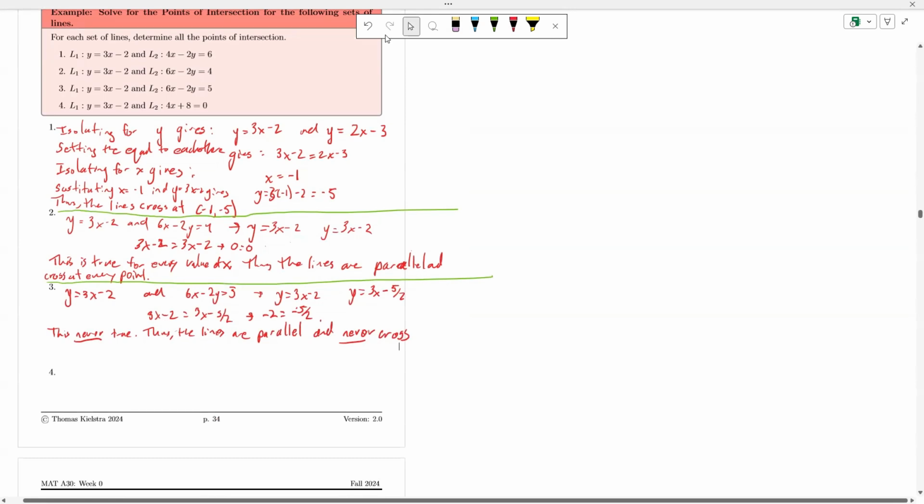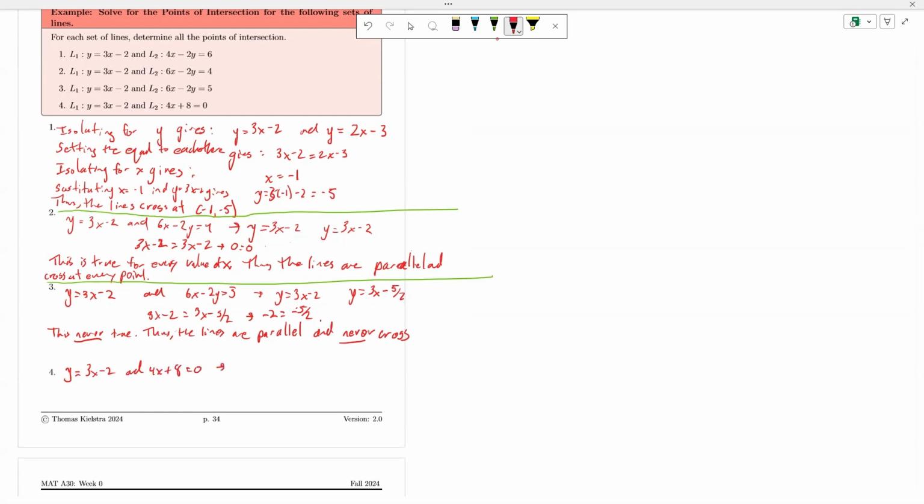Now for our fourth example, we have y equals 3x minus 2 and 4x plus 8 equals 0. Well, this implies that y equals 3x minus 2, and here we can't isolate for y, so we isolate for x. x equals minus 2.